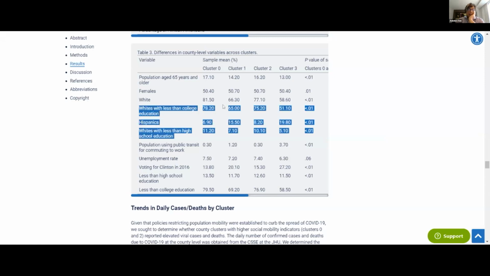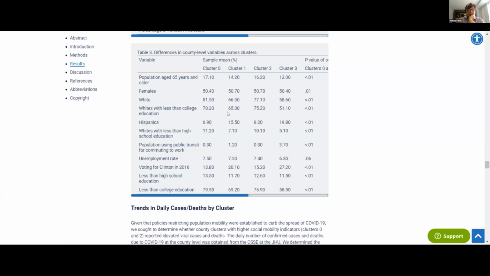When you look at the clusters which had the most mobility of going out, these were the ones which, relatively speaking, had lower levels of education. You can see whites with less than college education, whites with less than high school education. They're much higher here as opposed to here in cluster 3.